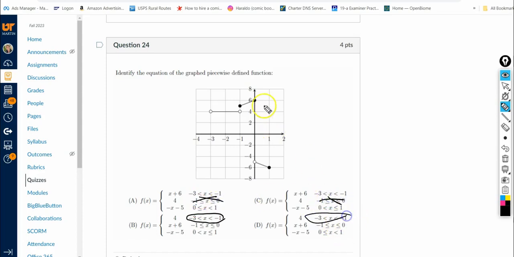That is possible. Now, between negative 1 and 0, this is going up. It has positive slope. Okay, and we have the endpoints. So that's true for both of those. And then for this one, the left endpoint's not there, the right endpoint is. And from the symbols here, it's going to be that one. So the answer to that one is B.